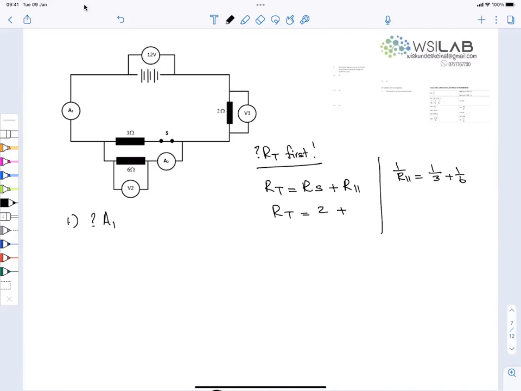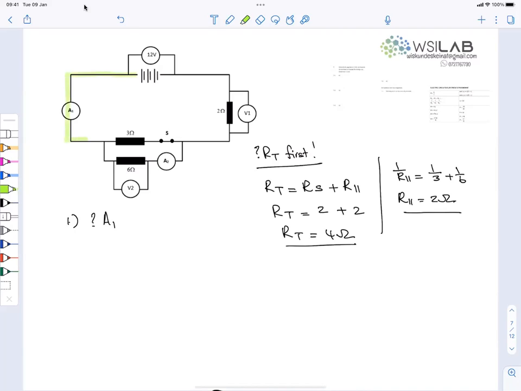Okay, so shall I get a half? Then flip it around. Will it then be 2 ohm? Yeah, because you have to flip that fraction around. So that's 2 plus 2. So the total resistance is 4 ohm. And now I can actually work the sum. Now you can work the sum.